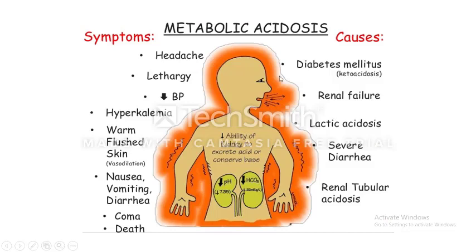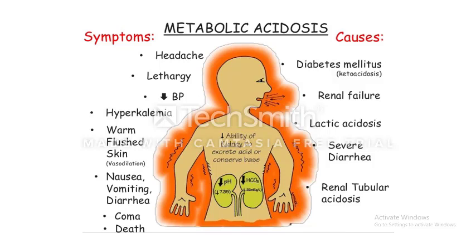Metabolic acidosis, its symptoms and causes. Symptoms include headache, lethargy, low blood pressure, hyperkalemia, which is the condition when potassium is high in our body fluids, as we discussed in our previous lecture, warm flushed skin, nausea, vomiting, diarrhea, and coma, and all these, if not treated, can lead to death.